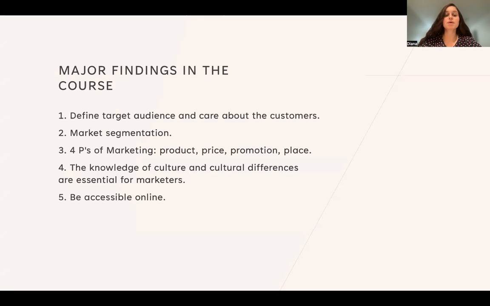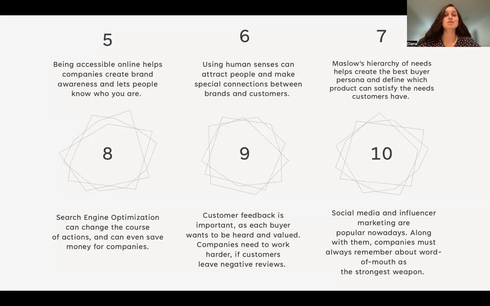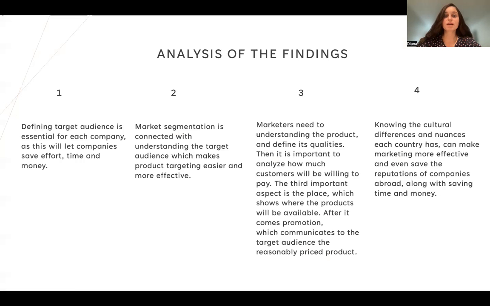The fifth point is about being accessible online. So nowadays we know that it's essential for companies to have an online presence, like social media platforms, and it creates, of course, brand awareness. And then when people know who you are, they are also more willing to pay for what they get.